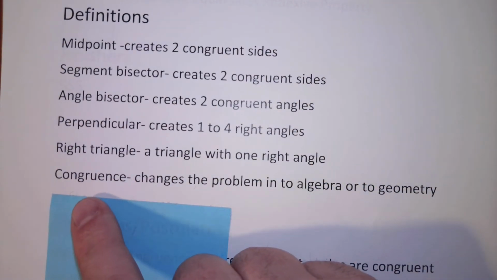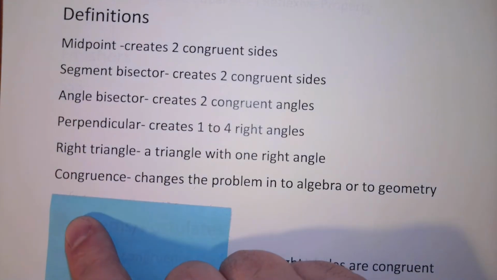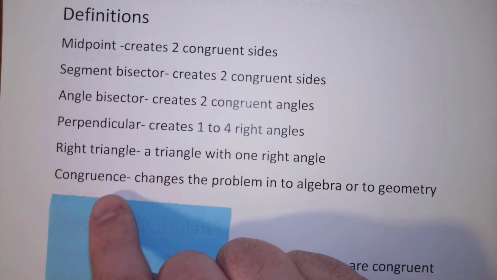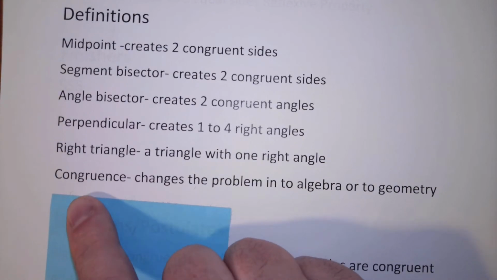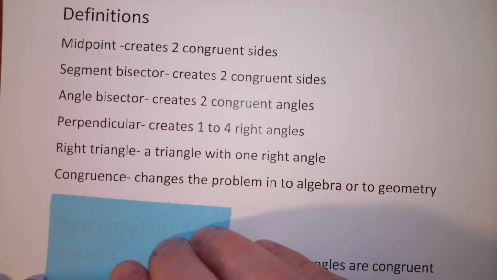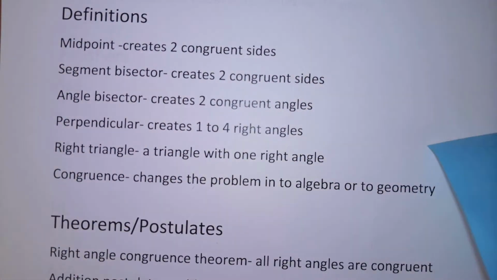In some forms, it'll be the definition of congruent segments or the definition of congruent angles. But for our purposes, if we need to do this, we're just going to use the definition of congruency or congruence. All right, moving on to theorems and postulates.